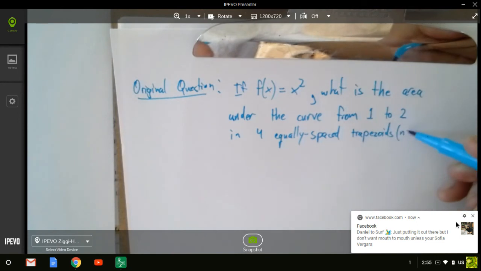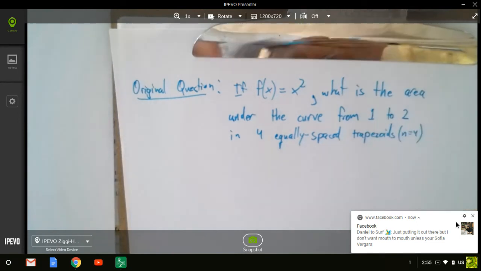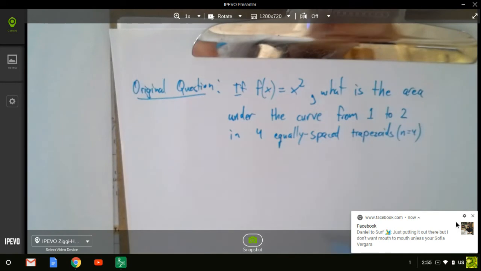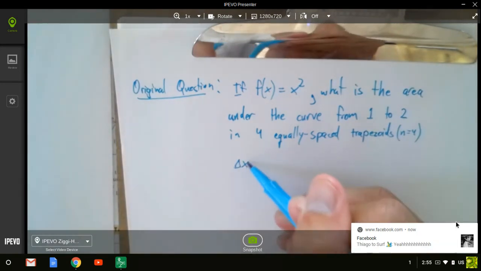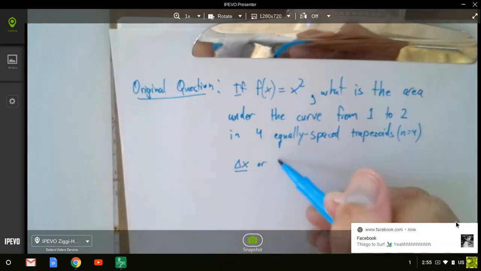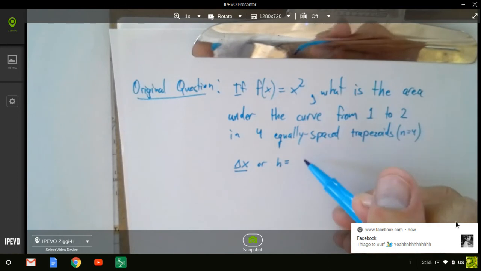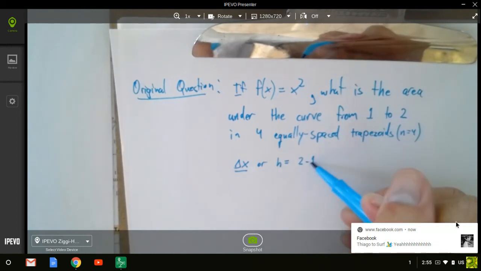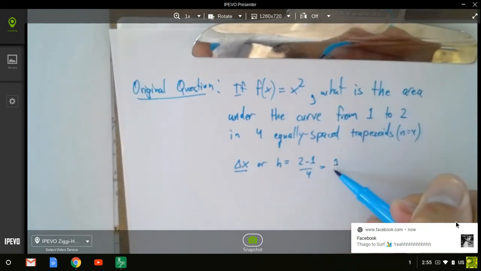N is equal to 4, okay? What you would do now is rewrite delta x, or just say the height is equal to 2 minus 1 over 4. That was 1/4.